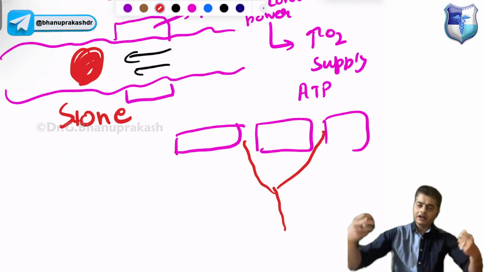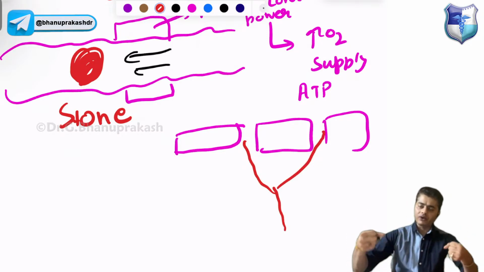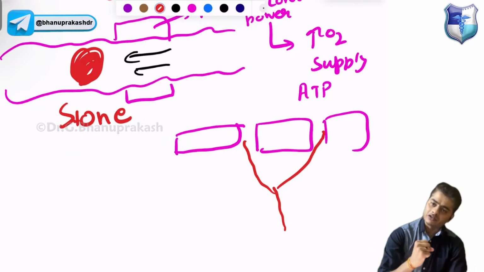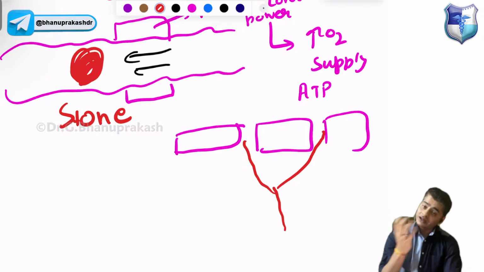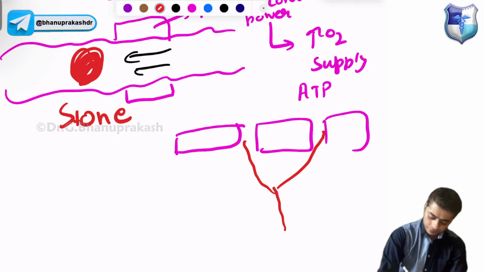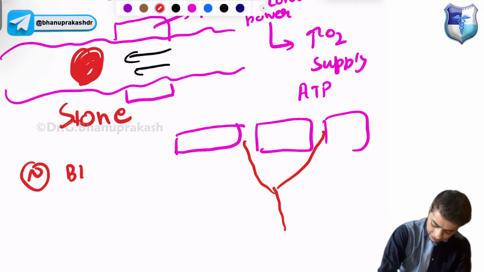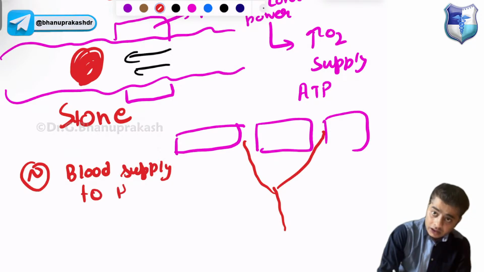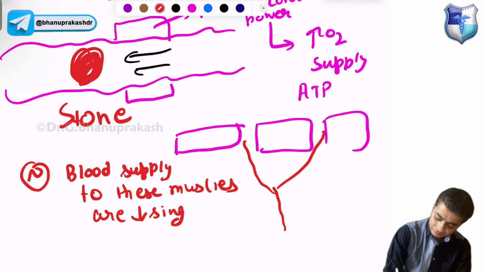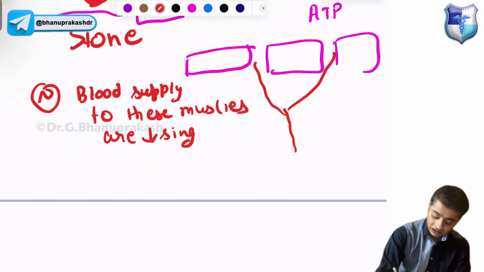But now these muscles are contracting very vigorously. If they contract very vigorously, they will constrict that blood vessel also. When they constrict the blood vessel, blood supply to these muscles decreases, and also they now require increased oxygen supply.